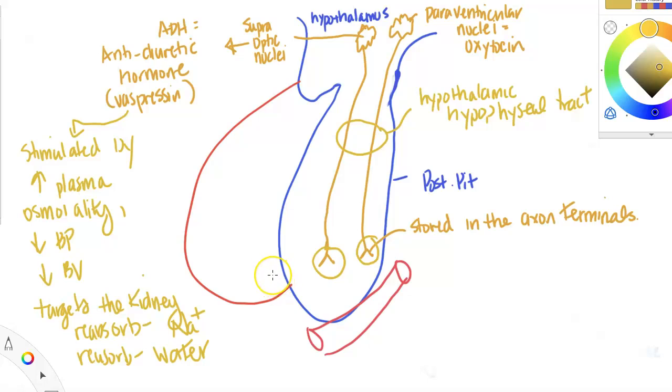So if blood volume is down, this will bring blood volume up, and basically the reabsorption is that of sodium, and water follows, because of osmosis. So the result then again is reabsorption of sodium and the reabsorption of water, which brings water back into the blood, increasing blood volume, increasing blood pressure.